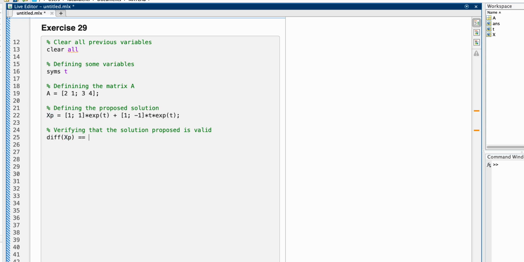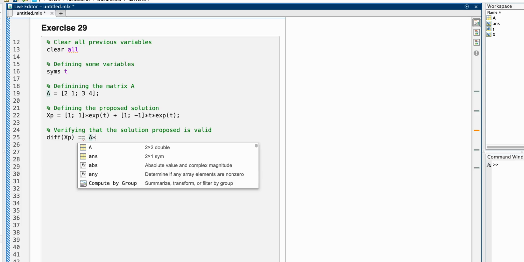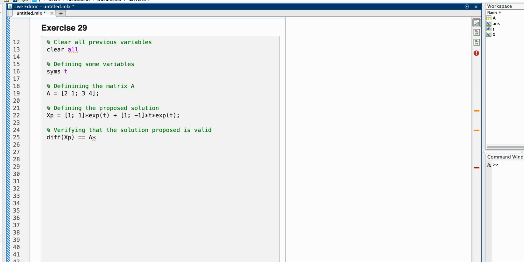Now, equality is given by two equal signs, so equal and equal. Then we're going to write our matrix A multiplied by our solution, which is xp. Then we're going to have minus, remember we had that forcing function, which was a vector, 1 on the first row and negative 7 on the second row, all multiplied by e to the t.